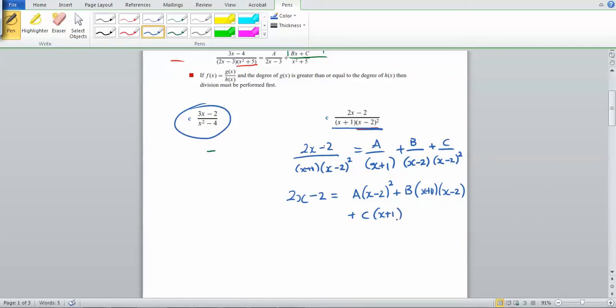So now we need to solve for A, B, and C. What we need to do is a few cases. First of all, the easiest thing to do would be to find A by letting x equal minus 1.